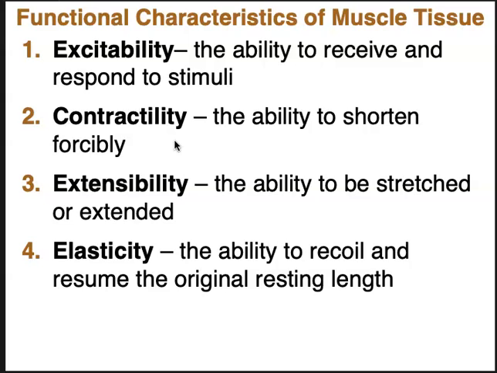Extensibility is revealed by the fact that when one muscle contracts, another muscle is lengthened, and they can stretch and extend without rupture. Elasticity is the ability for a muscle to recoil and resume the original resting length. All of these four characteristics do decline as we get older, so they function less and less reliably.